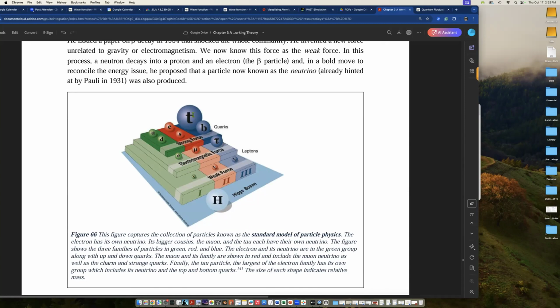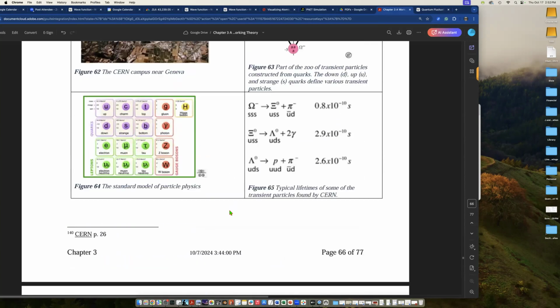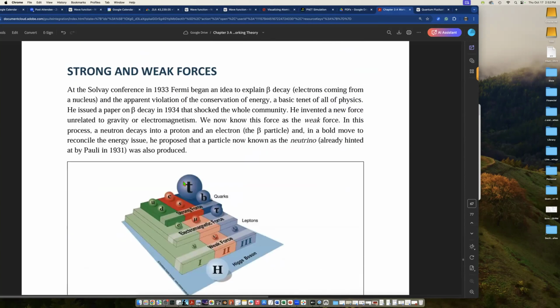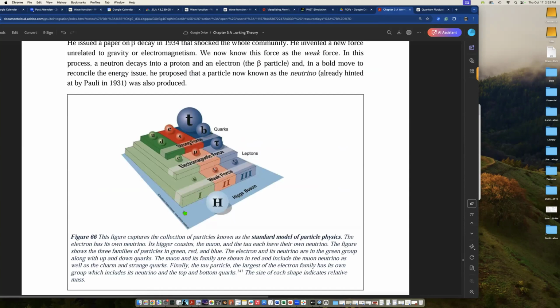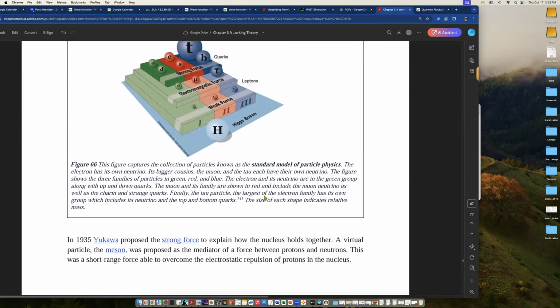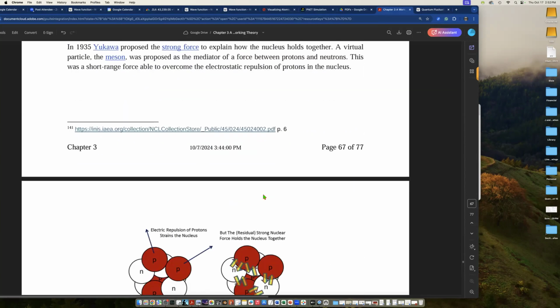And then you have this group for the tau and its quarks. The size of these spheres represents the mass of the various subatomic particles. And standing alone here and here is the Higgs boson. It has a complicated history, but it was found in 2012 after it was predicted by Higgs.